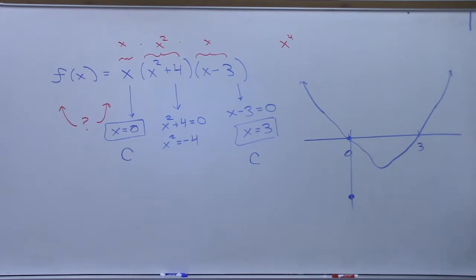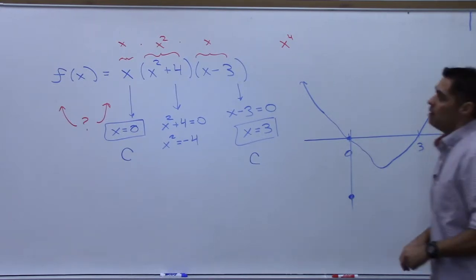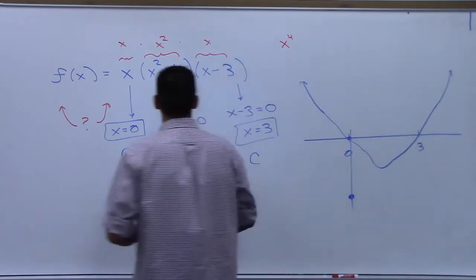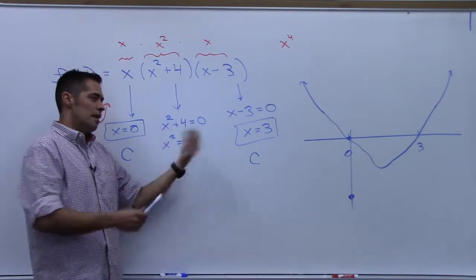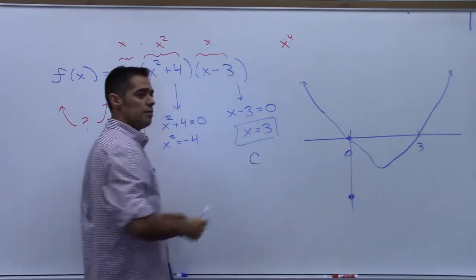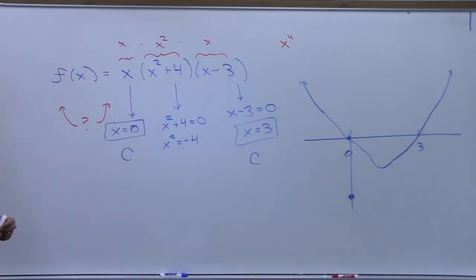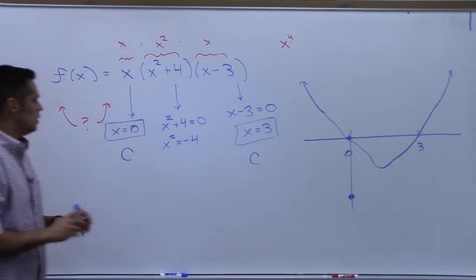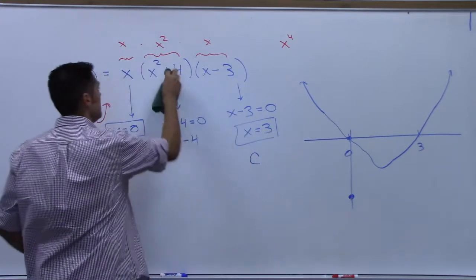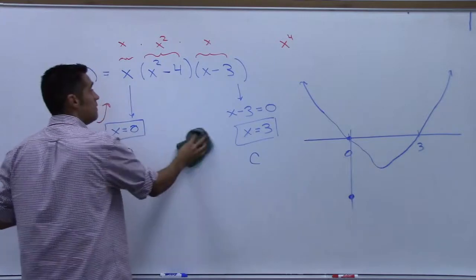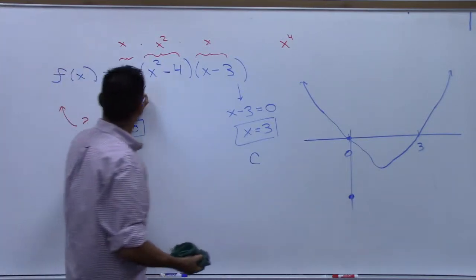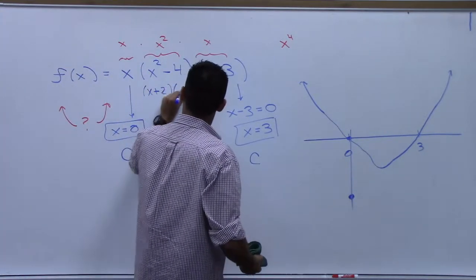If that middle part was x squared minus 4, would you separate it out to x plus 4? Yes. Had this been minus, then you would have 2 other x-intercepts, and you would plot them, and it would cross. Even or odd? Would you count like the x squared? Good question. So if this had been minus, let's just see what would have happened. Then it's not completely factored yet. So we would have to do x plus 2, x minus 2.